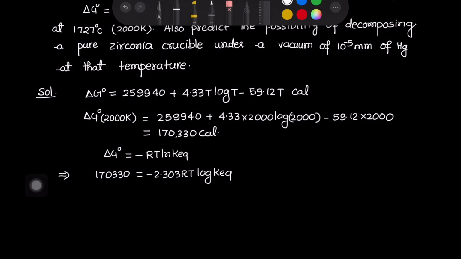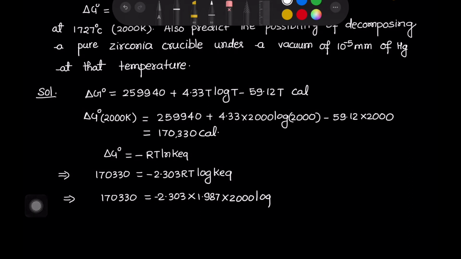So it will be 170330 equal to 2.303, R value is 1.987 in calorie, and since the delta G naught is in calorie, R value must be in calorie, into temperature 2000 log K equilibrium.